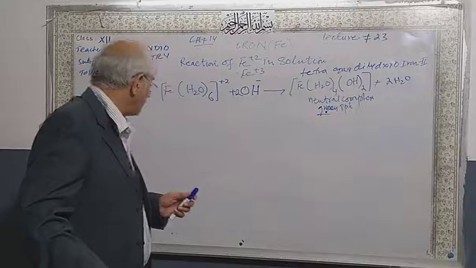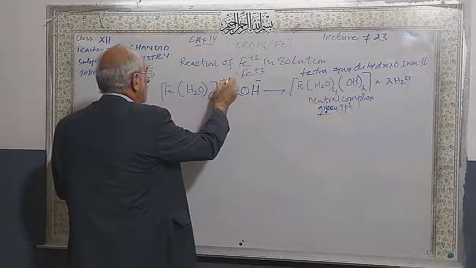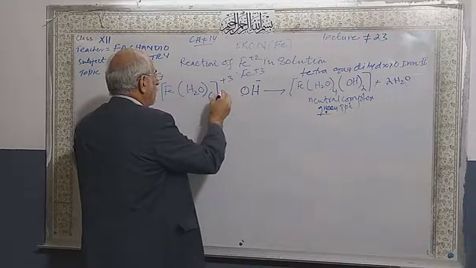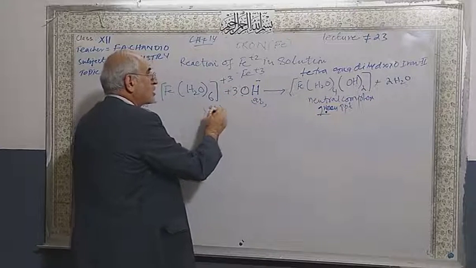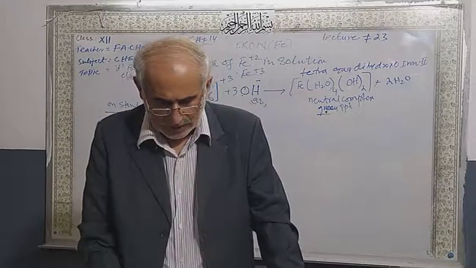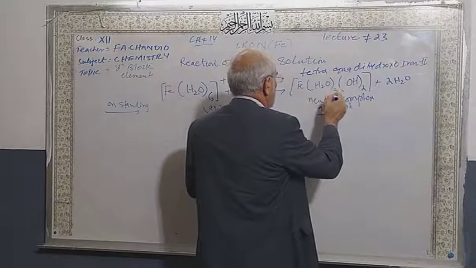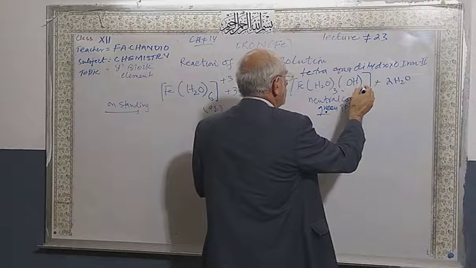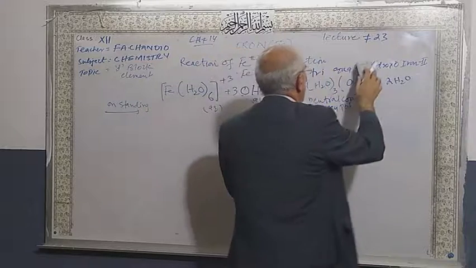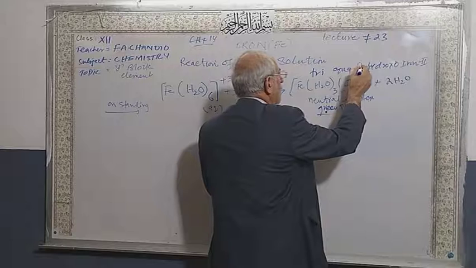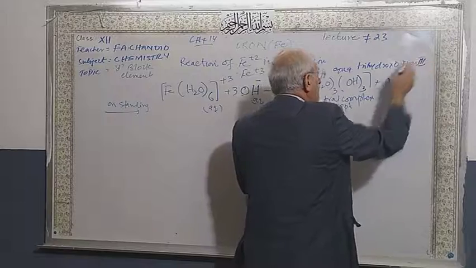Same as this, if you have positive 3, and there are 3 hydroxide ions in aqueous solution, in the next chemical reaction you will get triaqua, trihydroxo, and the oxidation number of iron will be 3.